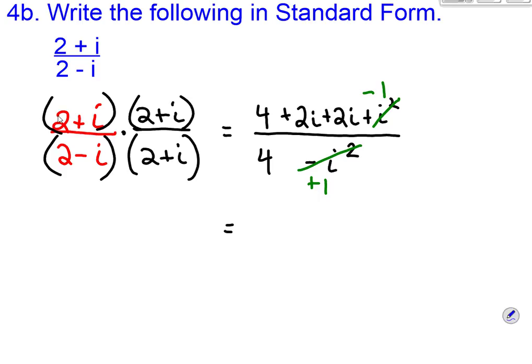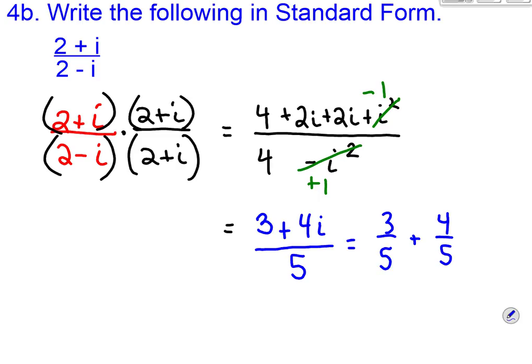Then we get 4 minus 1 on the top, which is 3, plus 2i plus 2i is 4i, all over 4 plus 1, which is 5. When we write that in standard form, we get 3/5 plus 4/5 i, and that's in the standard form a + bi.